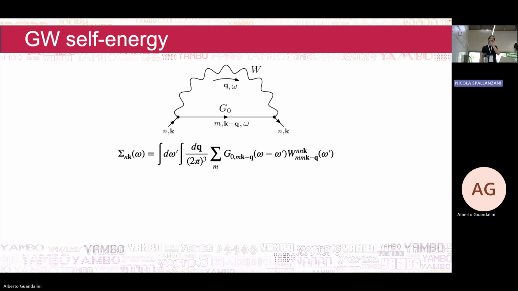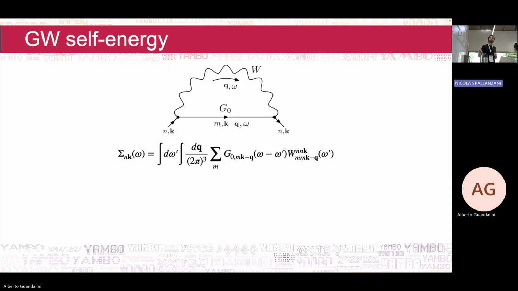So once we have the screening, what we need to do next is to calculate the self-energy. This is the Feynman diagram. We have an incoming electron which scatters with itself through W. And in the intermediate state, the electron, or the hole, exchanges some momentum and some energy with the screening interaction while changing its band index. As in Feynman diagrams, we need to sum over all different possibilities.